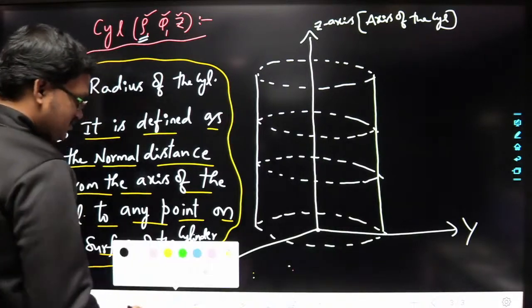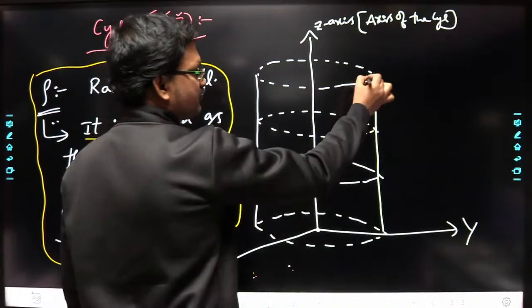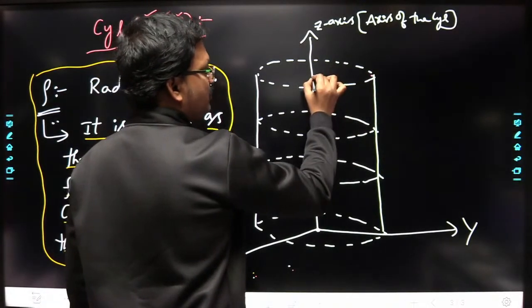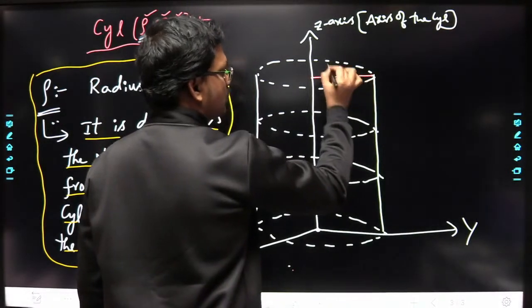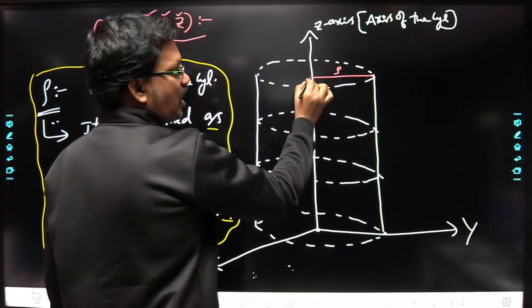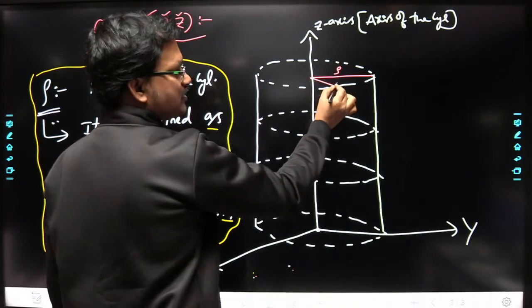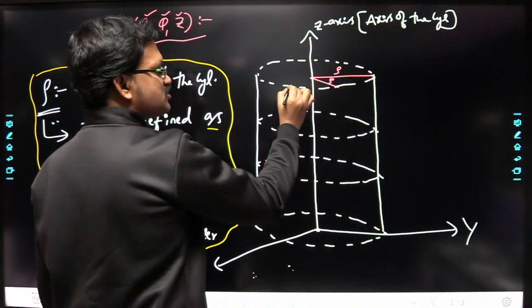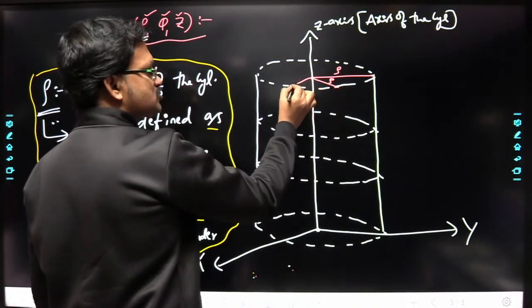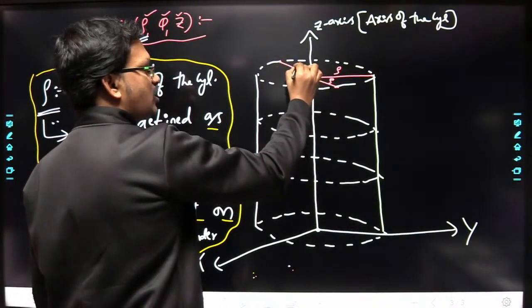That means, see here, this is the axis of the cylinder. If I consider this point, the normal distance from the axis of the cylinder to this point is nothing but rho. Understood? The normal distance from the axis to any point on the surface is nothing but rho.